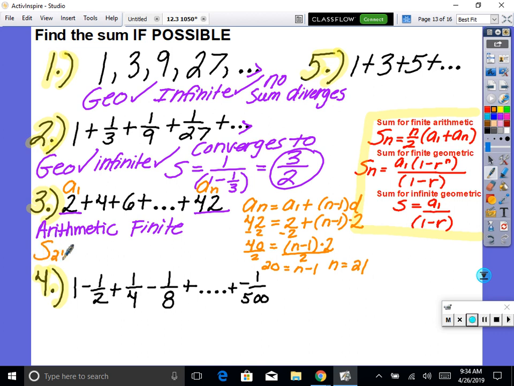So we're doing the sum of 21 terms, which is equal to 21 divided by 2 times the first term, which is 2, plus the last term, which was 42. So if you wouldn't mind quickly telling me what that sum is. We are n over 2 times a sub 1 plus a sub n.